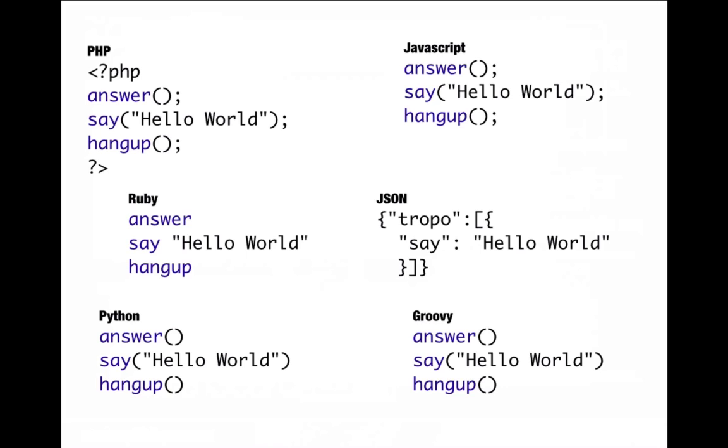Some examples of the code: here is Hello World in 6 different languages: PHP, Ruby, Python, JavaScript, JSON over HTTP, and Groovy. And it simply says answer, say hello world, hang up. The answer and the hang up aren't necessary. Tropo will automatically answer if you do something on a call that needs to be answered, and it will automatically hang up when your script is over. But they're shown here just to give you some idea of completeness.